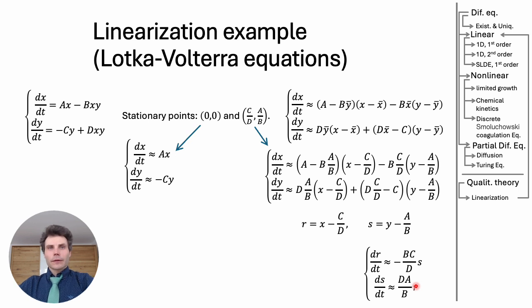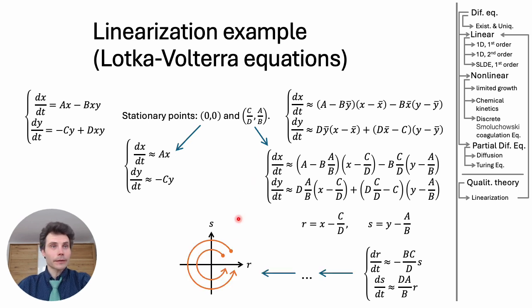And then, having analyzed this system using the tools from lecture 4 part 1, we can conclude that the behavior is degenerate. It's neither converging nor diverging towards or from the original stationary point, but it rather circles around it, like this.